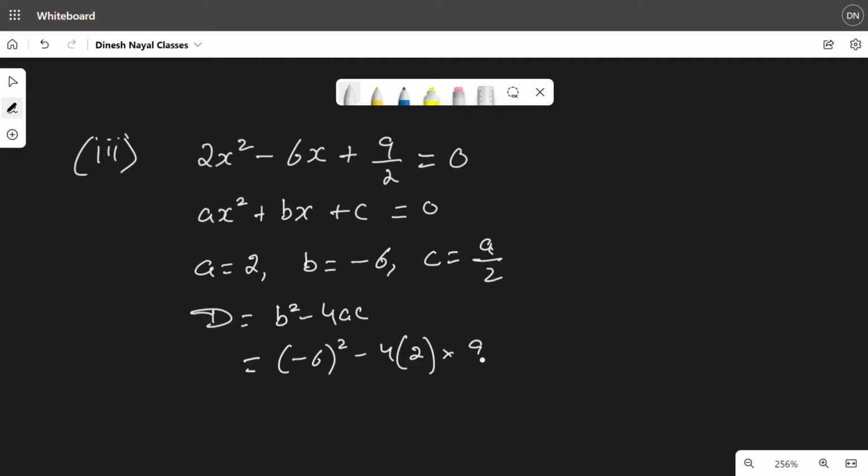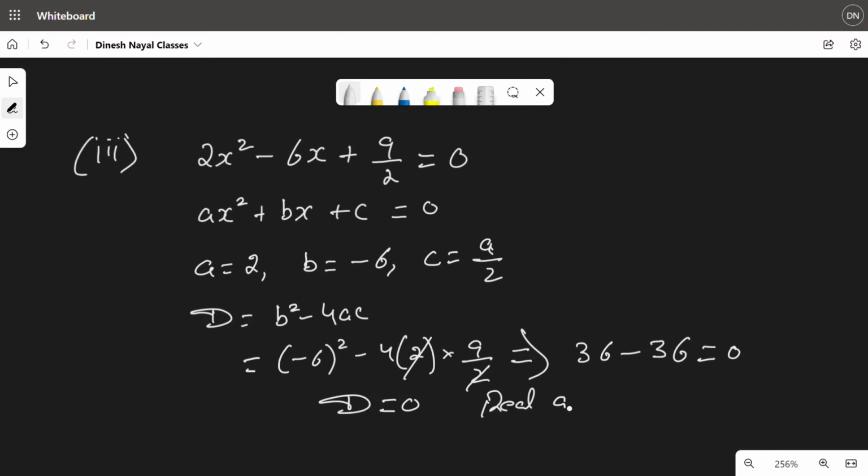So minus 6 whole square is actually 36. Minus 2 and 2 will get cancelled. Now 4 9s are 36, so this is equal to 0. That means the discriminant is 0. So in this case the roots are real and equal.